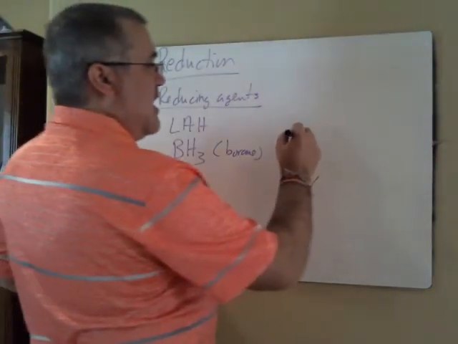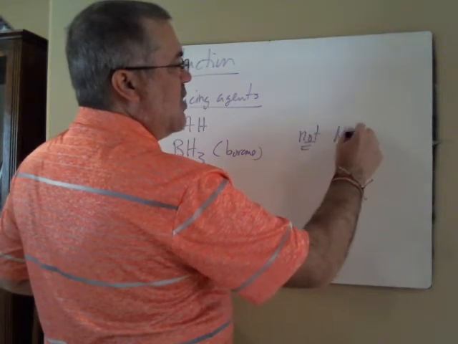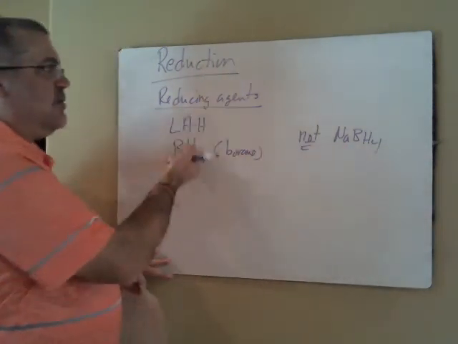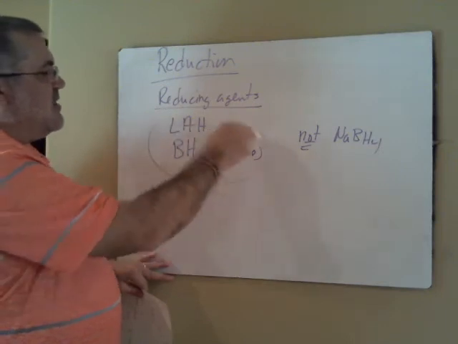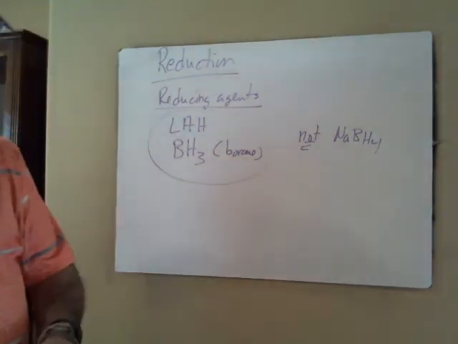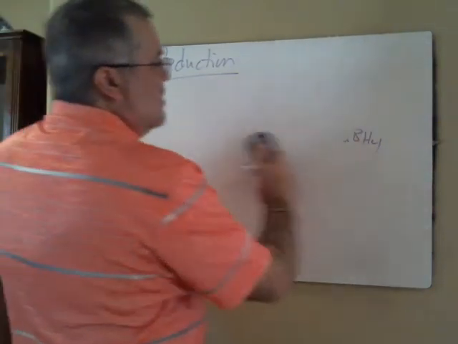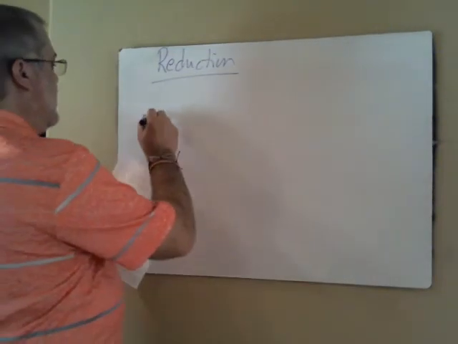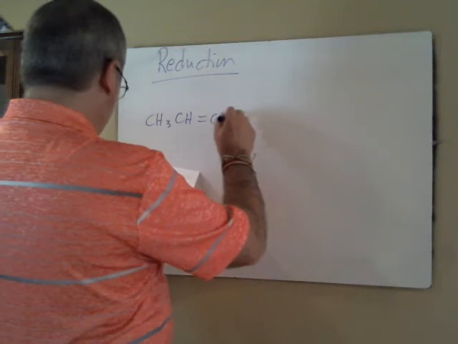But just to remind you, off to the side here, I'm actually going to write not sodium borohydride. Sodium borohydride, remember, is not a strong enough reducer to reduce carboxylic acids or their derivatives. So we're basically talking about these two reducing agents. Okay, so let's look at an example of this. This would be how it would look on your flashcard. And let's use this example.